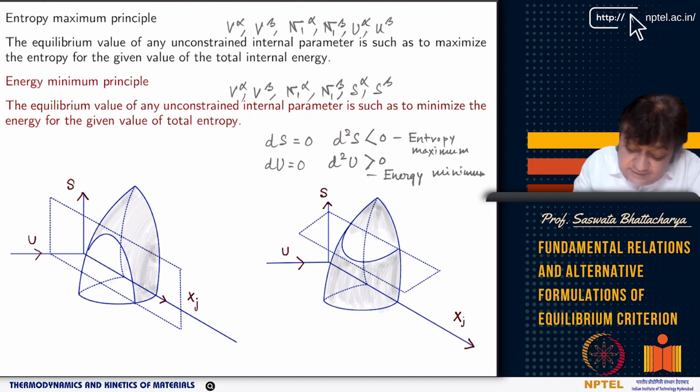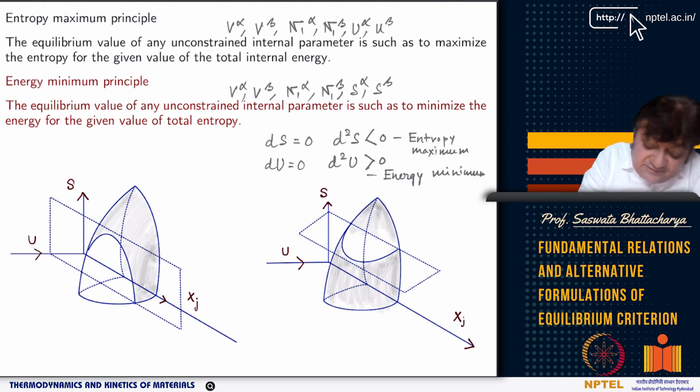Again, unconstrained means the constraints that we impose by using a wall, we are lifting these constraints. So we are making the wall flexible, diathermal, permeable to exchange of matter, is such as to minimize.